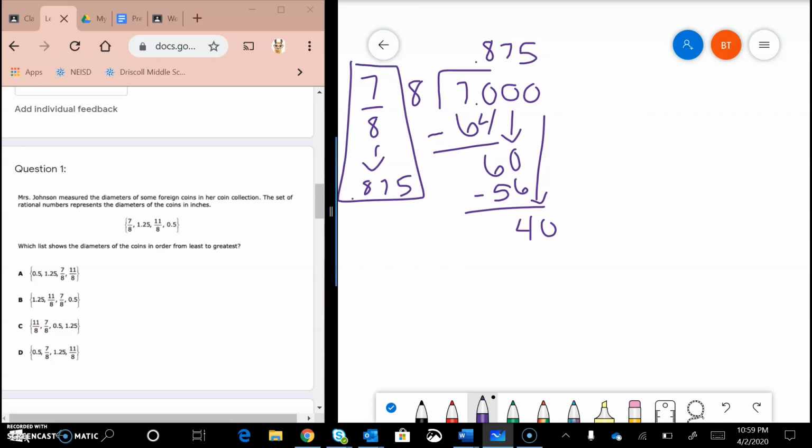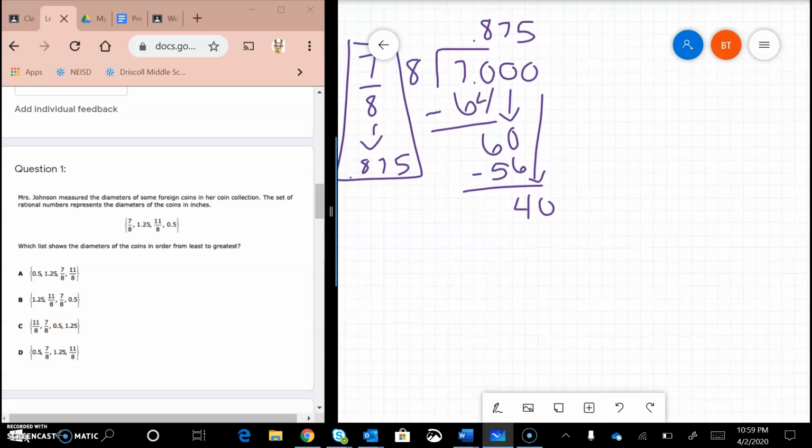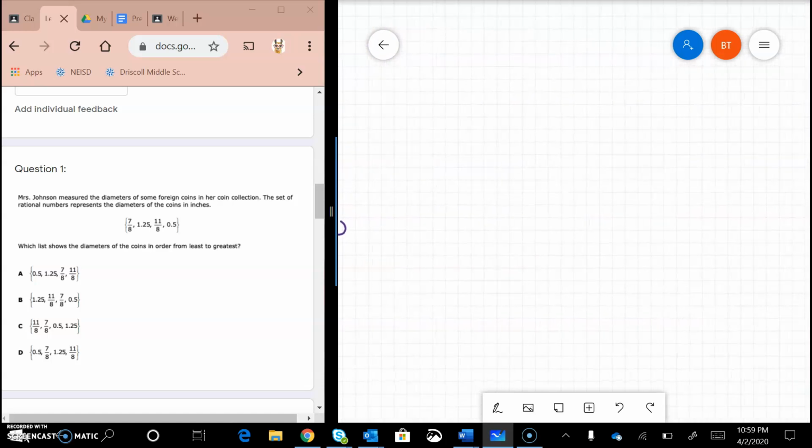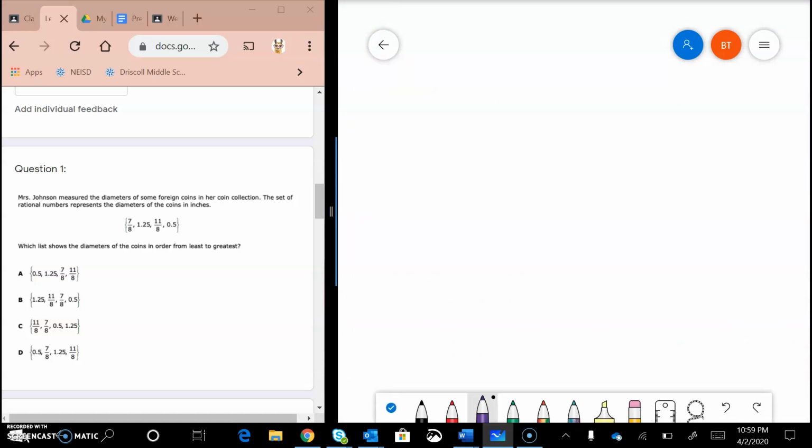Now I'm going to look at my next one, which would be 11/8. I'm going to move this over here to the side and we're going to focus on 11/8 now. So we need to convert 11/8 into a decimal.